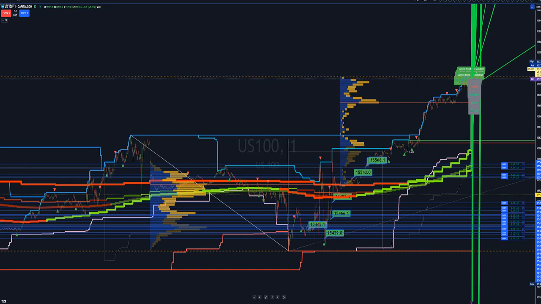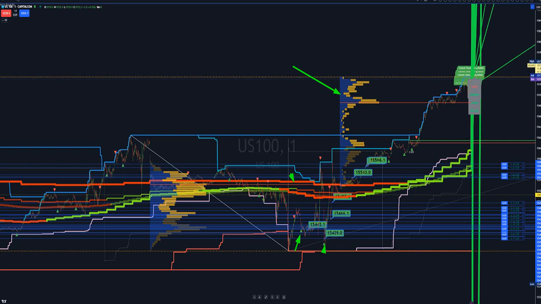The indicator I'm using is very nice, as I have now also added these features: volume profile and the different levels of volume profile, where to buy, where to sell, and in addition, where to take profits.